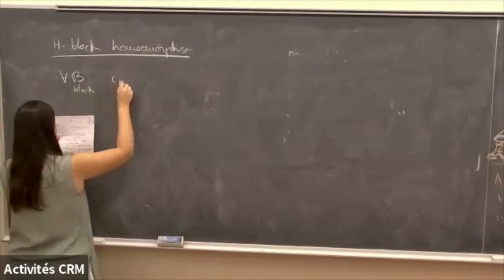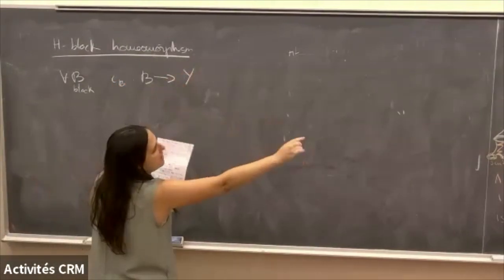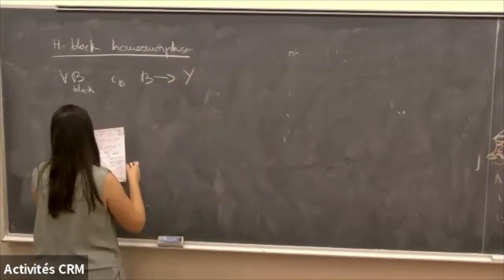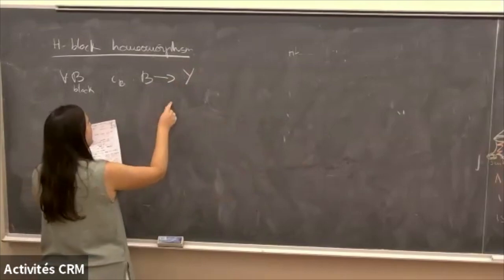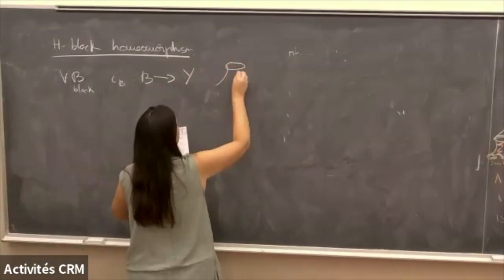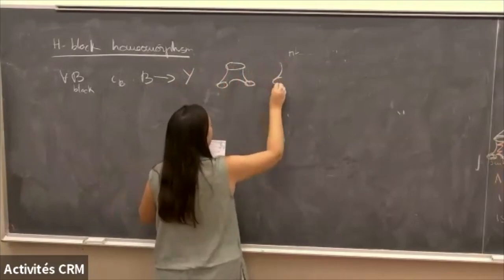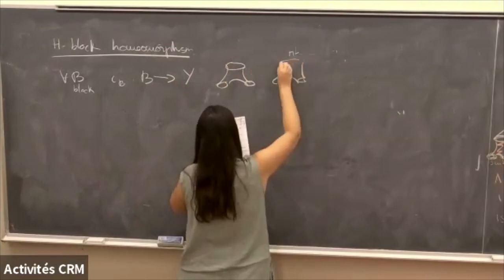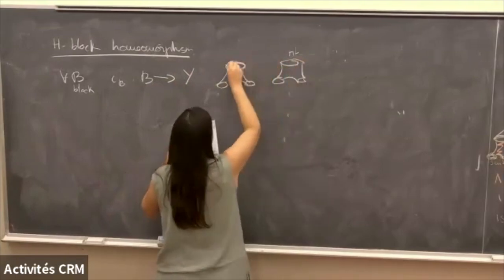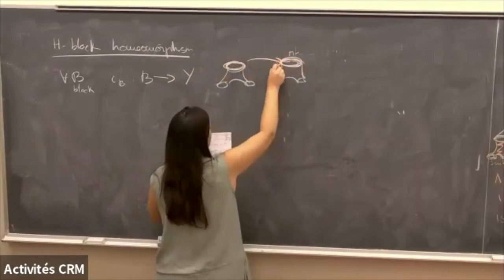we define a map that goes from this block to the first block Y, and this extends from the block here in the obvious way. The important thing is that these boundary components go to this boundary component.